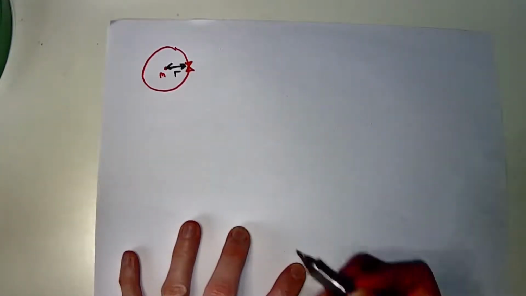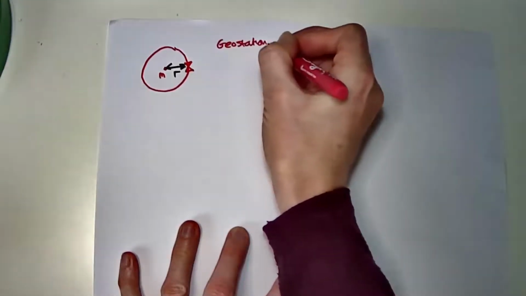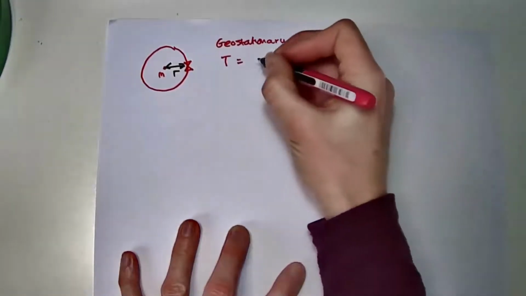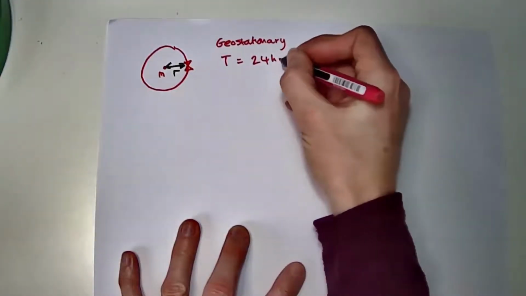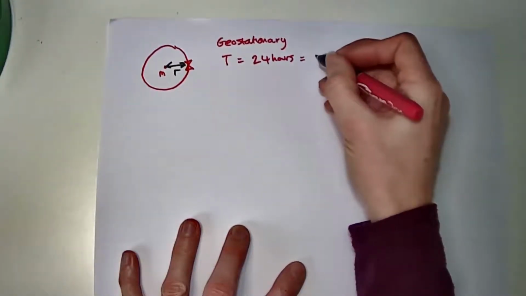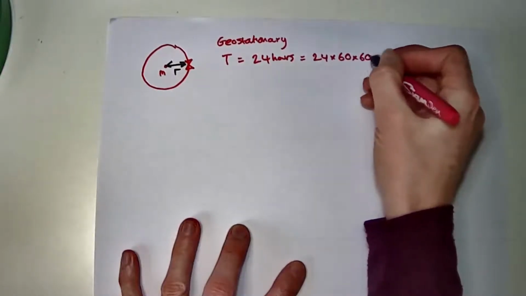So what we know is that this is geostationary. So its time period is the same as that of Earth, which is 24 hours. So 24 times 60.